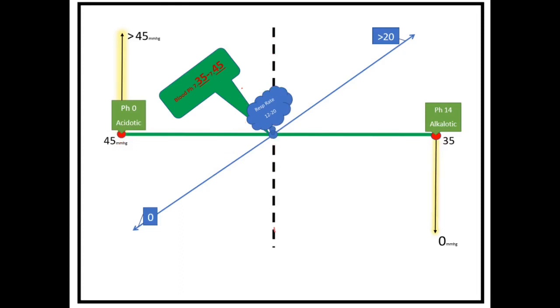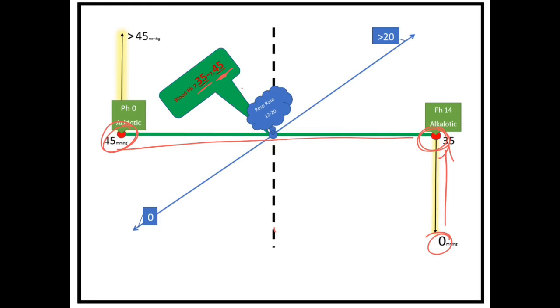Now the interesting fact about this is that our blood's pH of 35 to 45 actually deals with exactly the end tidal CO2 of 35 to 45. When we're talking about alkalotic, we can say that someone is in respiratory alkalosis from 0 to 35.